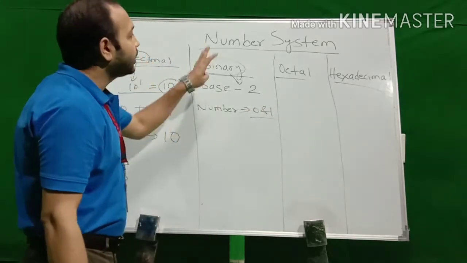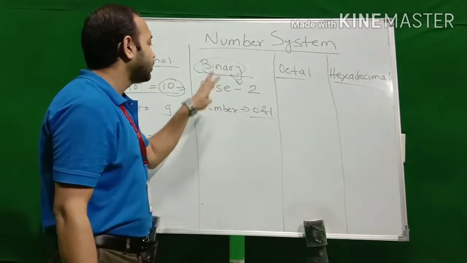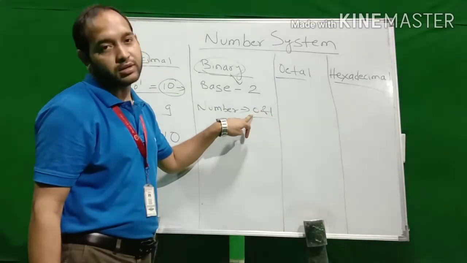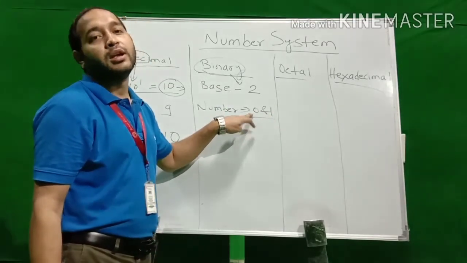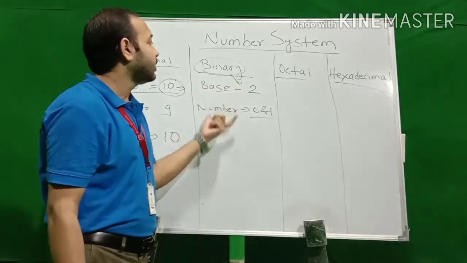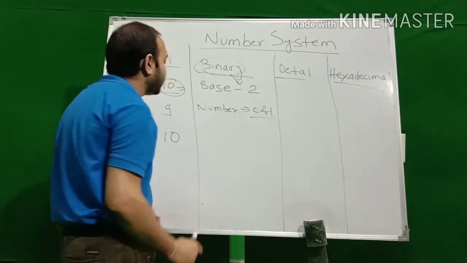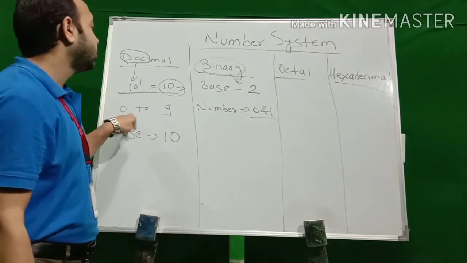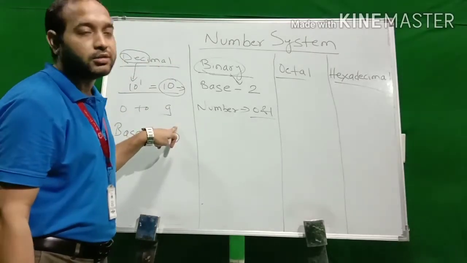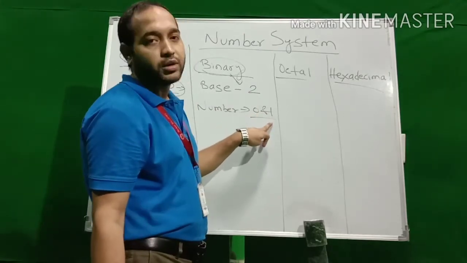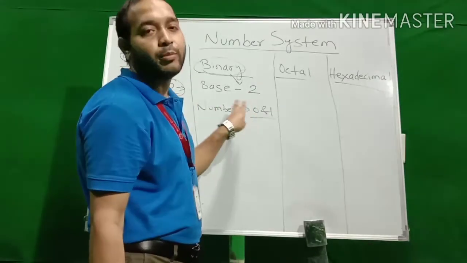Whatever you do in this number system, you have to use only these two numbers, 0 and 1. You know, in computers we use only these binary digits. Like in decimal it was 0 to 9, 10 digits, here it will be two digits, 0 and 1. So like this you have to do the comparison.